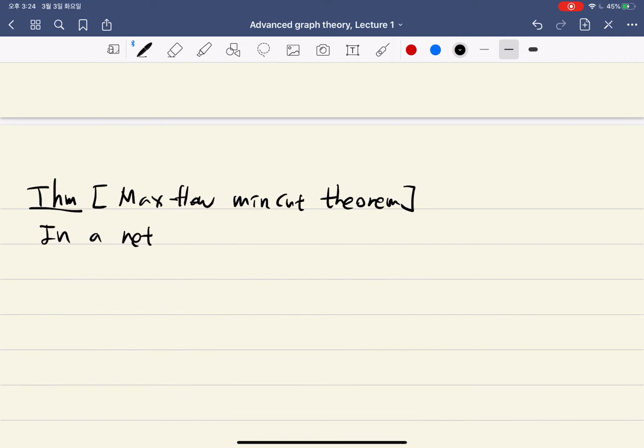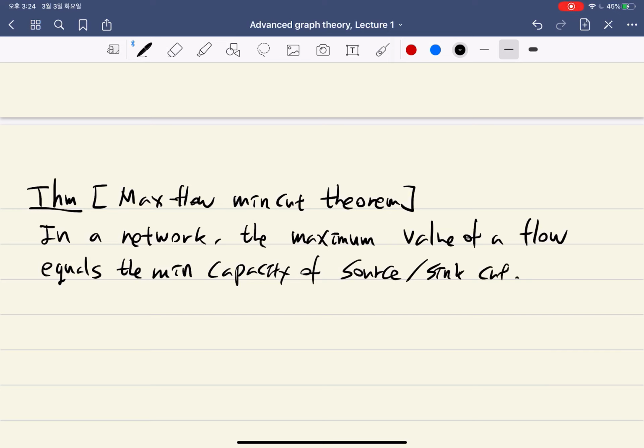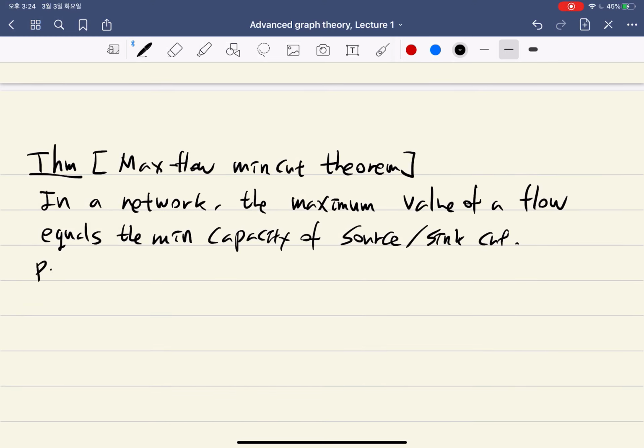In a network, the maximum value of a flow equals the minimum capacity of a source-sink cut. I know I'm a bit over time, but let me just finish the proof of this theorem, and then we will be done for the first lecture.